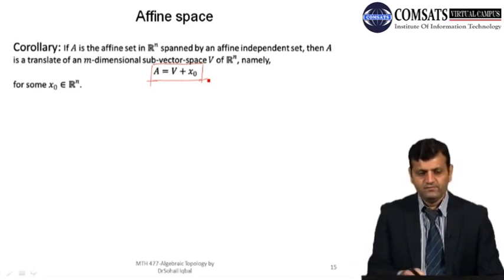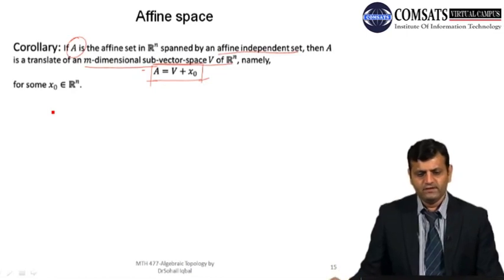It says that if we have a space A spanned by some affine independent set, then A is the translate of an m-dimensional subvector space V of Rn. The proof of this is very simple, but it's irrelevant, so we are going to omit it.